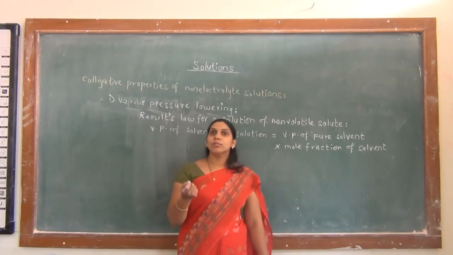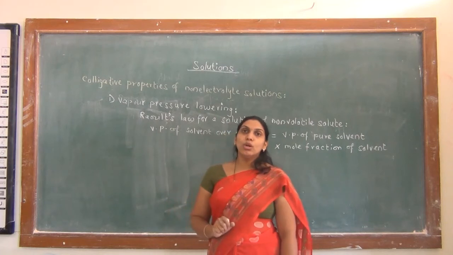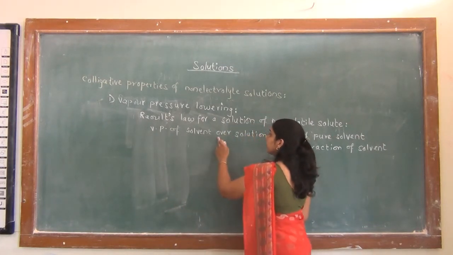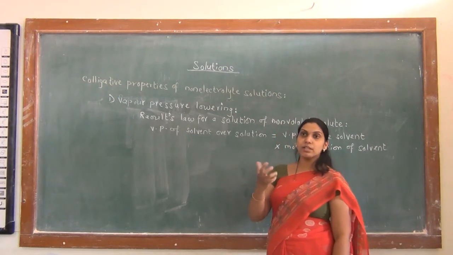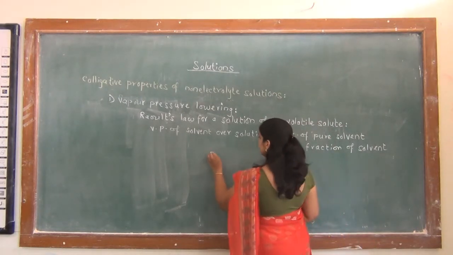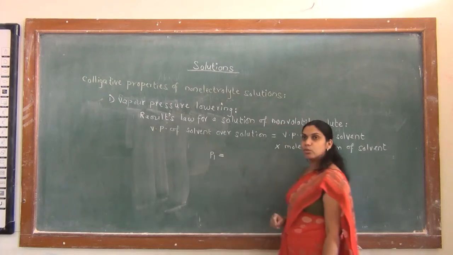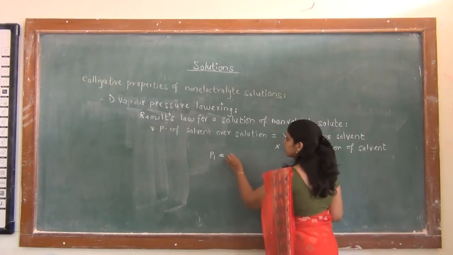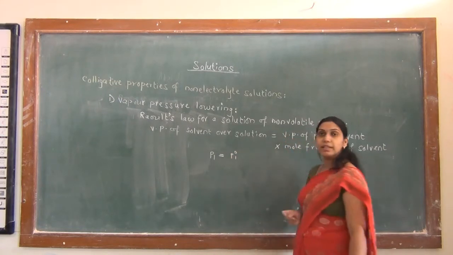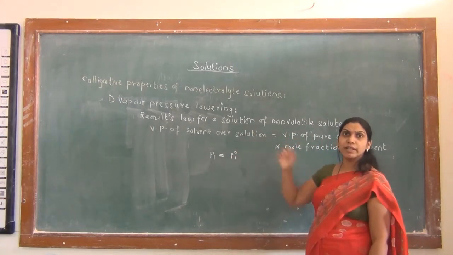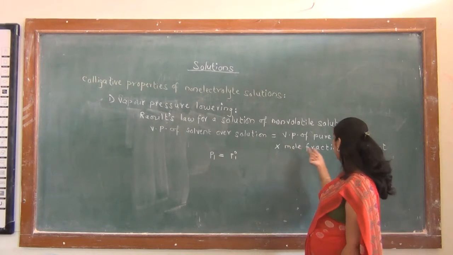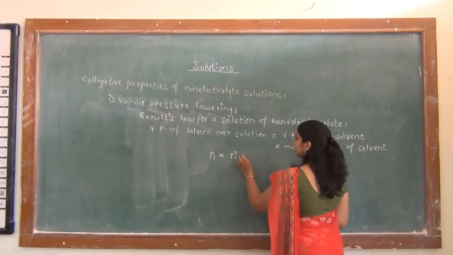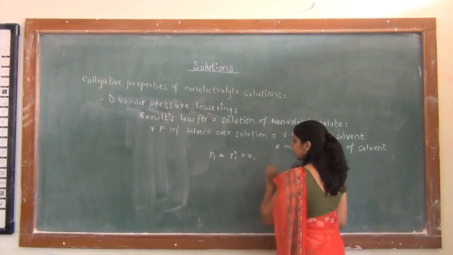Now we will put this formula into an equation. The equation will be: vapor pressure of solvent over solution is P1. P1 is equal to vapor pressure of pure solvent, which is given by P01 as we have studied earlier, multiplied by mole fraction of solvent. Mole fraction of solvent is given by x1.